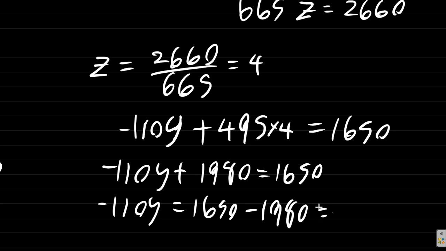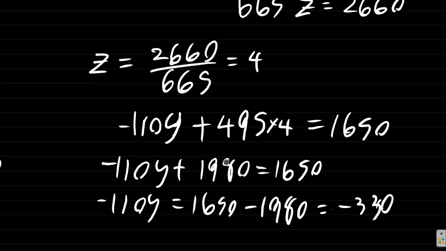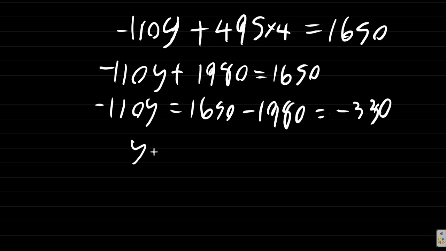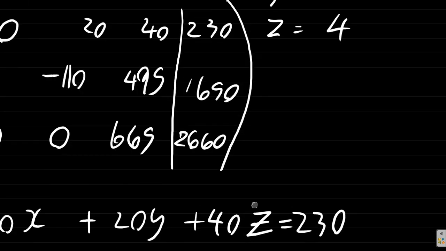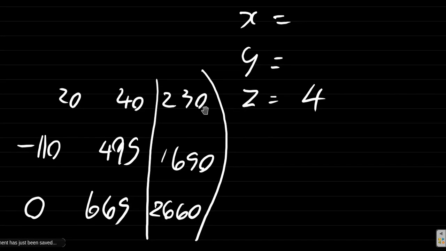What is 1650 minus 1980? It is negative 330. So therefore, y would be negative 330 over negative 110, which is 3, right? So y is 3. So now we know that z is 4, y is 3.